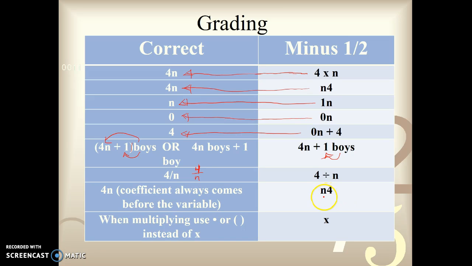So we don't write n4. We would write 4n. We would write the coefficient first. When you're multiplying, you're going to use a dot or parentheses instead of an x, or this multiplication symbol. In algebra, we will take a half off for using this multiplication symbol. Okay, so that applies to this unit only.